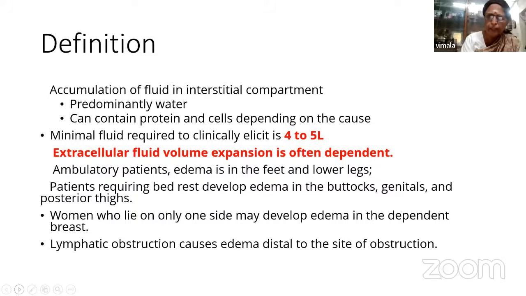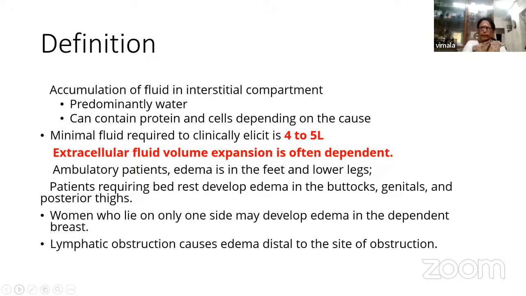This edema fluid can be simply water, as in a transudate, or it can contain protein and cells, when we say it is an exudate. So edema is an accumulation of fluid in the interstitium, mainly composed of water and also protein and cells, depending on the cause of edema.